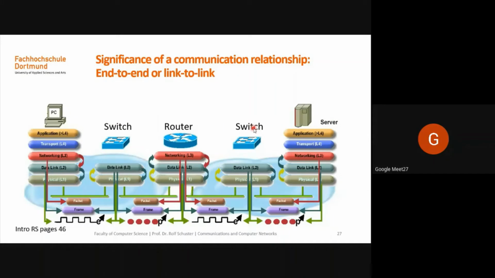Then I remind you of some concepts related to the interaction between systems. If we talk about the interaction between an end system and the neighbor intermediate systems, we will talk about a link-to-link communication.